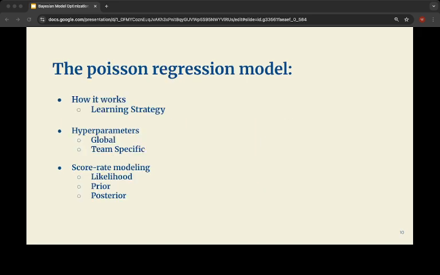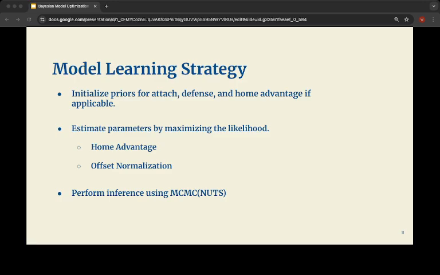And then let's talk about the single-level model and how it works. Same thing, we'll talk about the hyperparameters and what the score modeling looks like. The learning process of this model is first to initialize priors for attack, defense, and home advantage, if applicable.